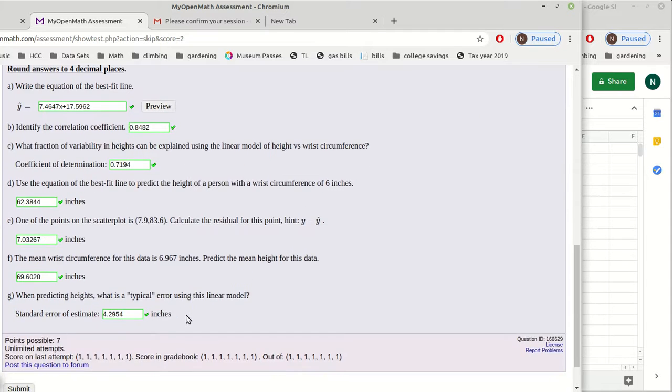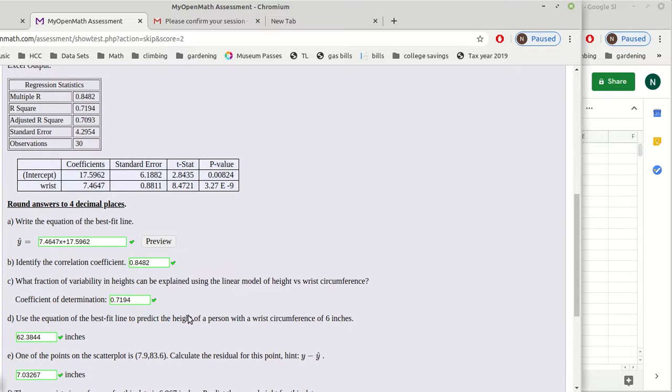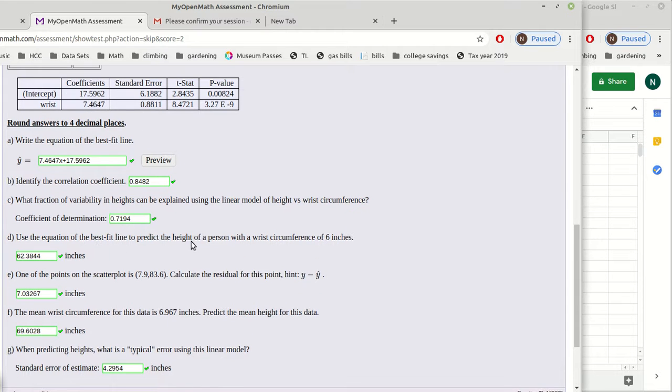All right, so let's walk through the problem. Most of the stuff is just taken from this data right here. This is our r value, so that's the answer to B. That's our correlation coefficient. This is our r squared. That's the answer to C. The line is always y hat equals this x plus this. And then we're just plugging values into our line.